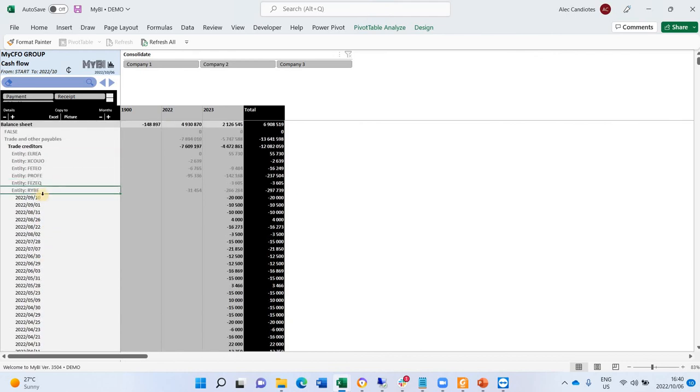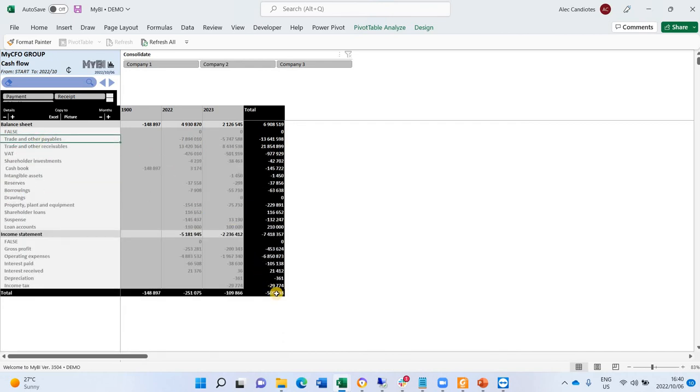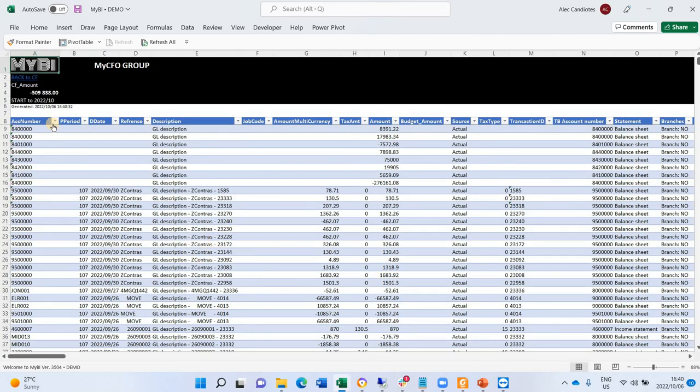Now when you double click, for instance, on the total here, which we did in the beginning, you're actually going to see none of the control account, the 8400 accounts. You're just going to see the detailed entries over here.